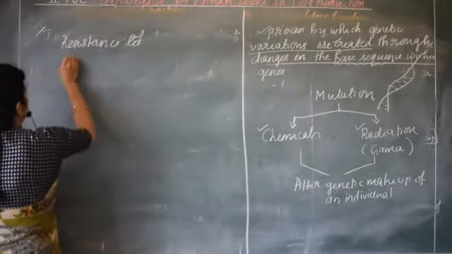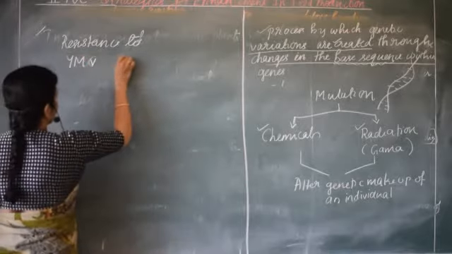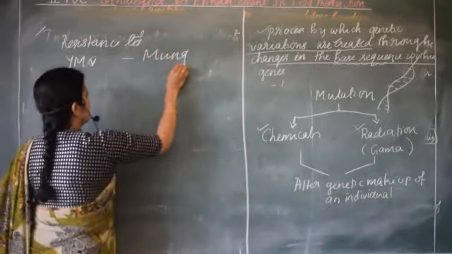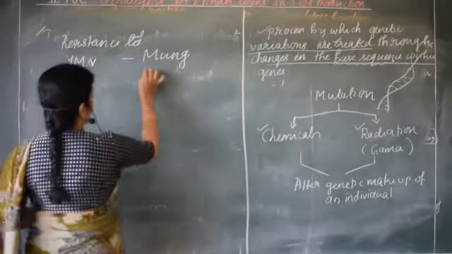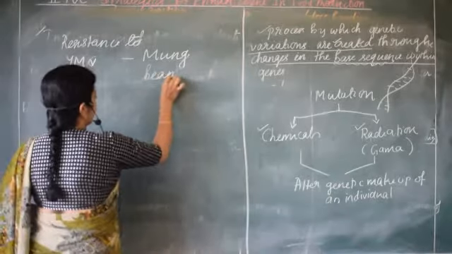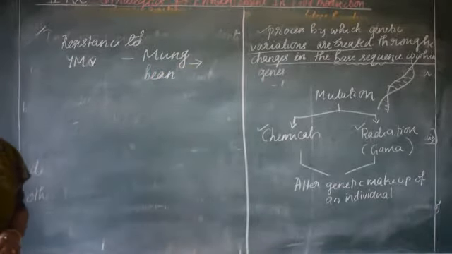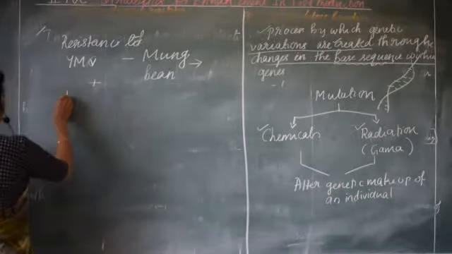In which crop variety? In mung bean. By this mutation breeding program, a variety has been developed which is resistant to yellow mosaic virus and also powdery mildew.